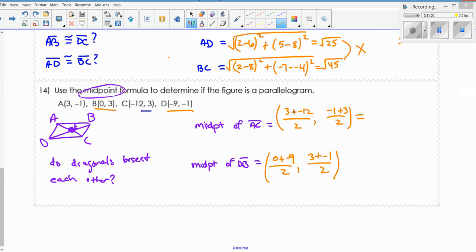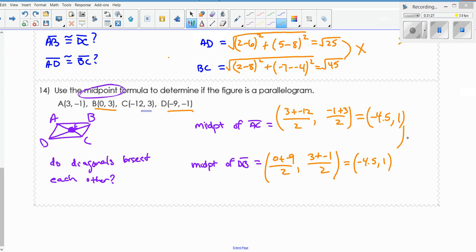Alright, so 3 plus negative 12 is negative 9. Half of negative 9 is negative 4.5. Negative 1 plus 3 is 2. Half of 2 is 1. So that's my midpoint of that diagonal. 0 plus negative 9 is negative 9. Half of that is negative 4.5. 3 plus negative 1 is 2. Half of 2 is 1.